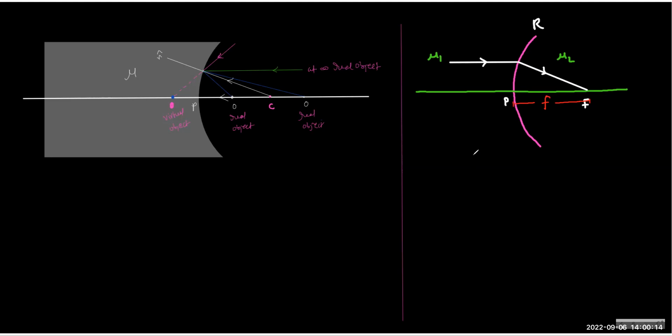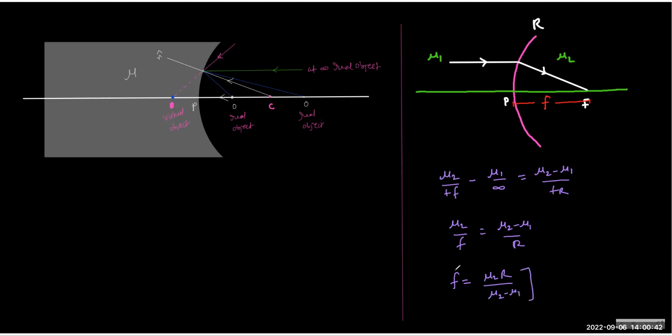So writing this, mu2 by f is equal to mu2 minus mu1 by plus r. So mu2 by f is mu2 minus mu1 by r. So f is how much? f equals mu2 r by mu2 minus mu1. That's it.